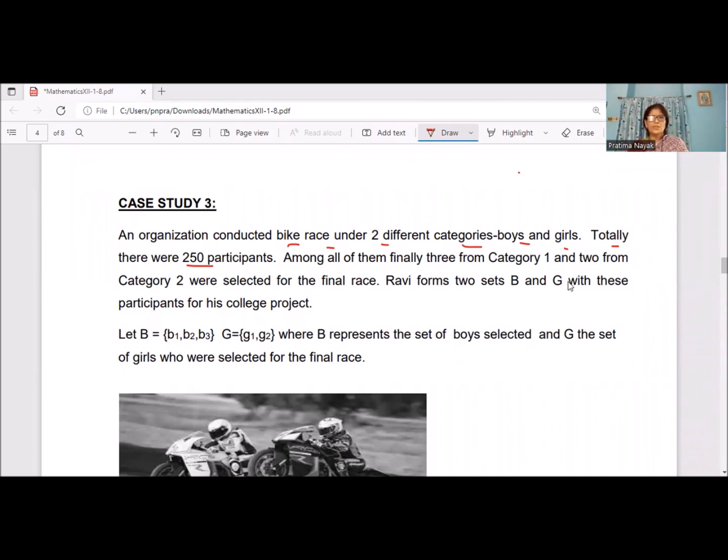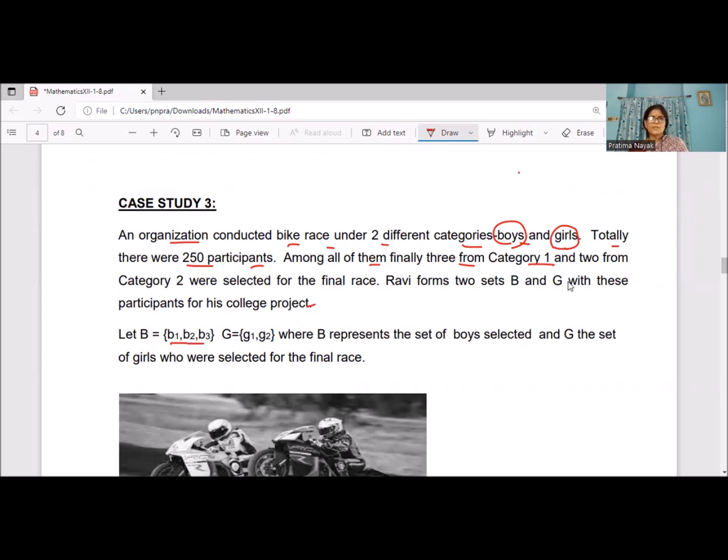An organization conducted a bike race under two different categories, boys and girls. Totally, there are 250 participants. Among all of them, finally, 3 from category 1, that means 3 from boys, and 2 from category 2, means 2 from girls, were selected for the final race. Ravi forms 2 sets, A and B, with participants for his college project.